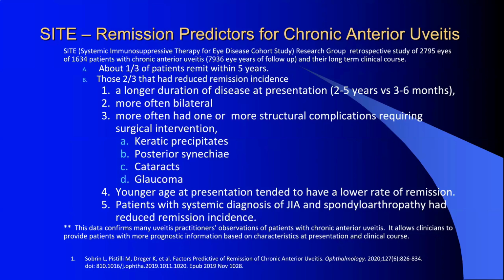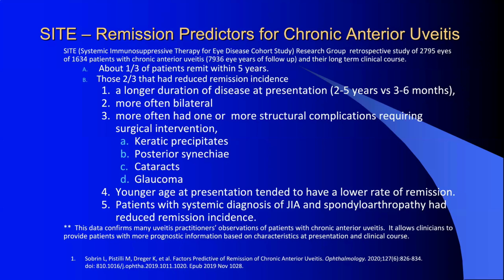The SITE study that was published in 2019 recently looked at this particular issue, okay? About a third of all of the patients, 2,795 eyes and 1,634 patients, remitted within 5 years. But the 2/3 that had reduced remission incidence, they looked at very carefully.